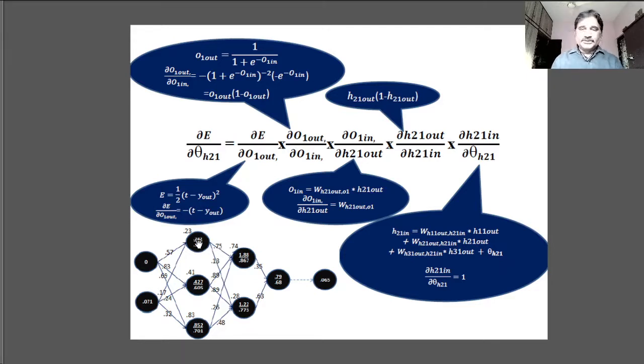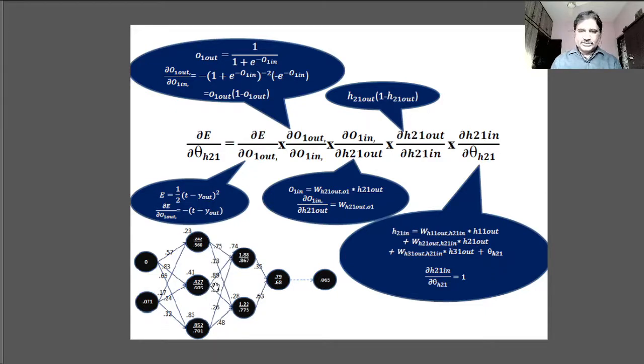WH11 out to H21 in, multiplied by H11 out. Then this weight, what is that weight?